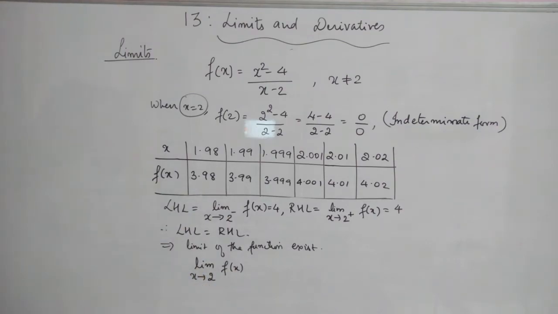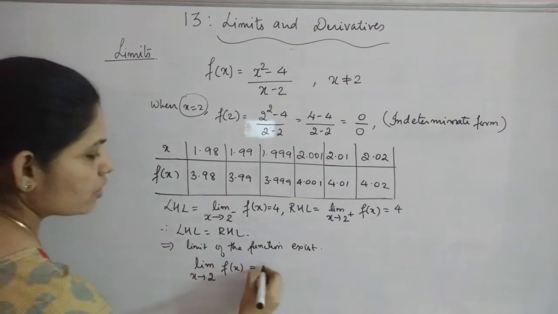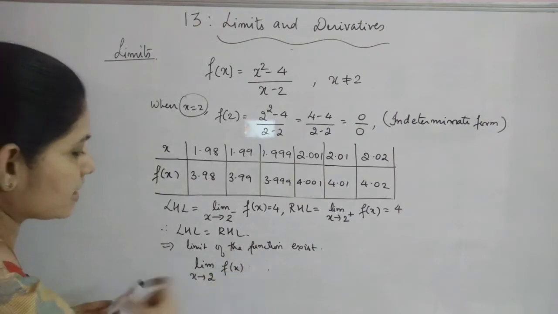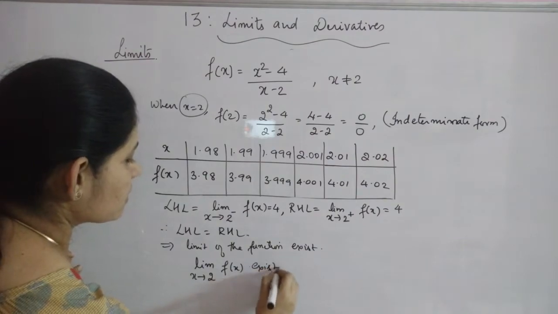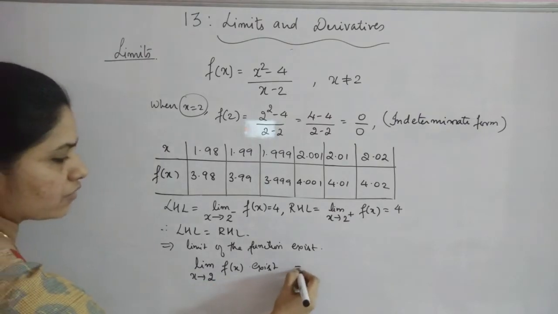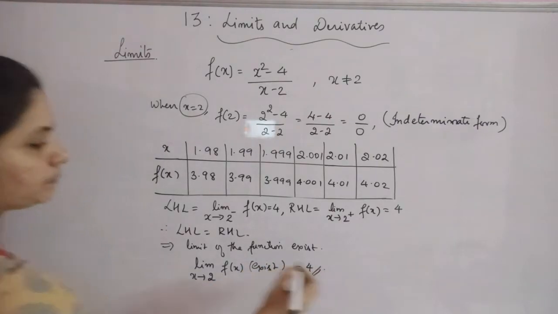That means as x approaches 2, the function approaches the value 4. So that is limit x tends to 2 f of x equal to 4. So you can say that the limit exists, and that value is equal to 4.